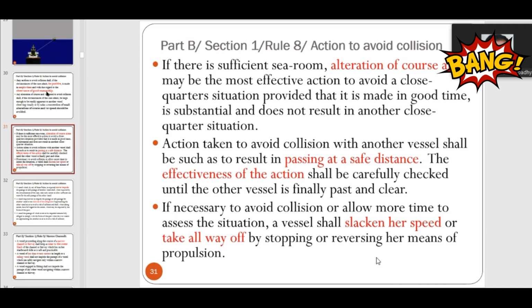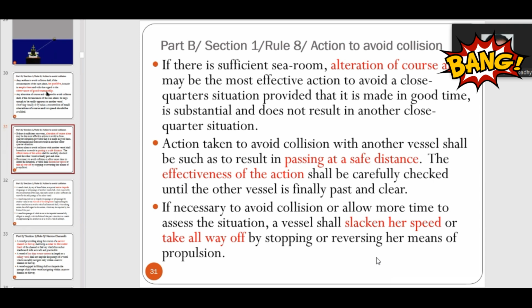Once again, I remind you, passing at a safe distance. You have taken action and checked that finally she has passed and clear, but you have to keep in mind how close she has passed. So therefore, passing at a safe distance.